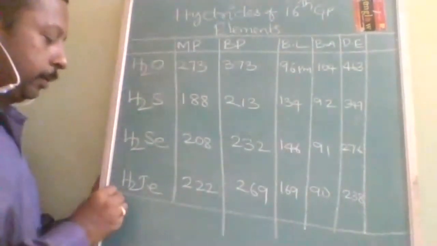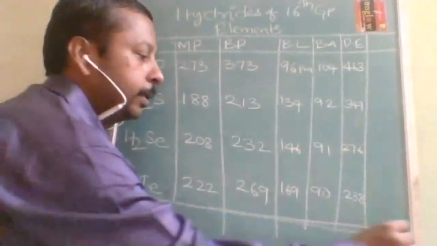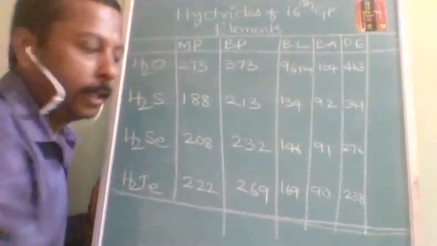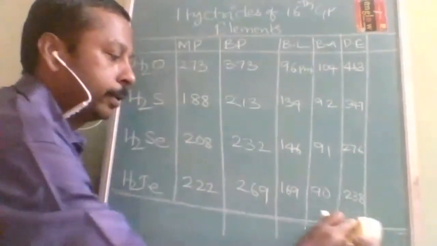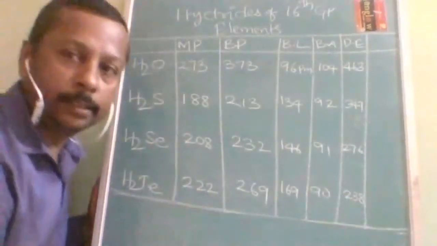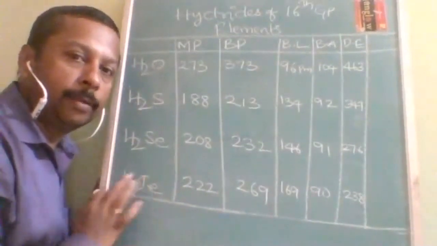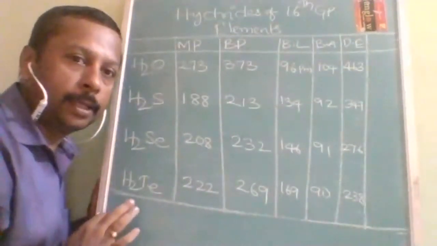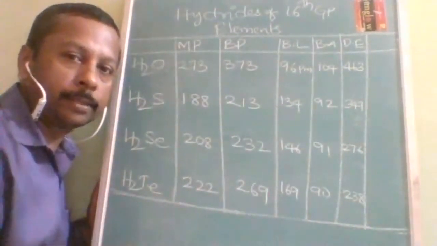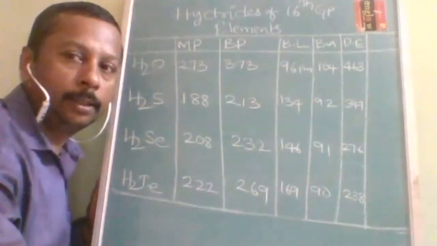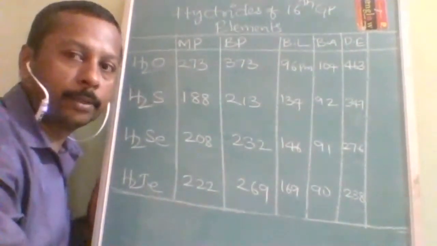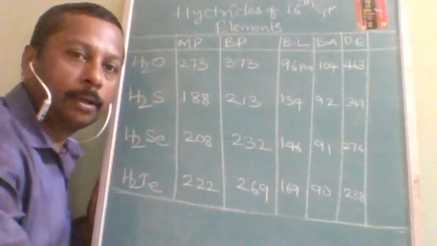Now see here. This is the table given in the NCERT. This is the extract. Where is it extracted from? NCERT. And I am not asking you to memorize these values. Questions are not numerical based, they are not based on the numbers. They are based upon the logic.